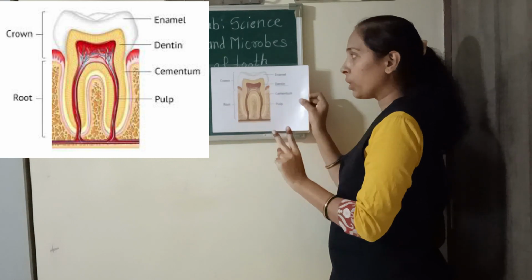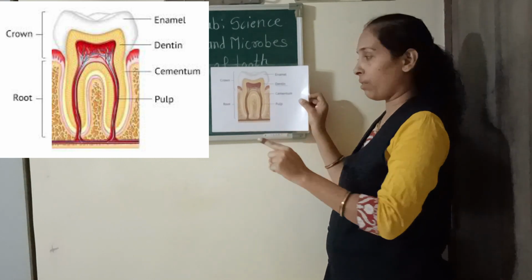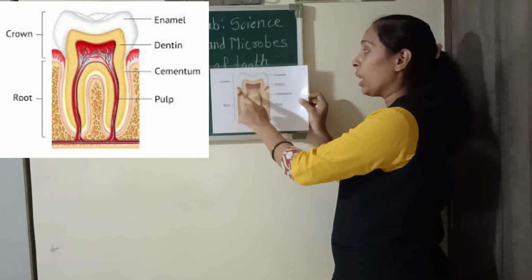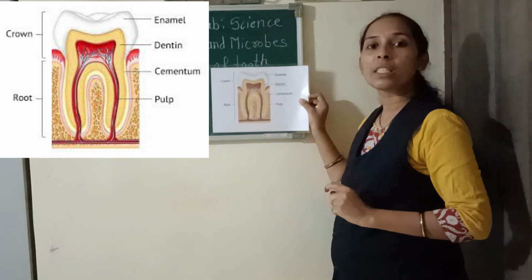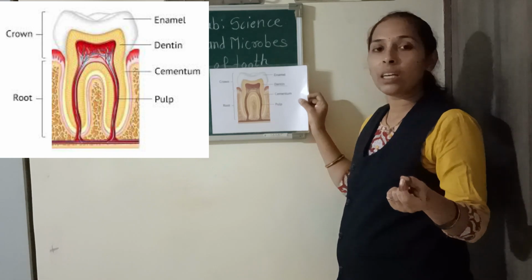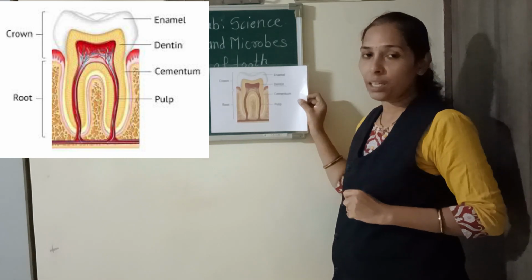So the tooth has two parts: crown and root. Crown we can see; root we cannot see because it is fixed inside the gums.